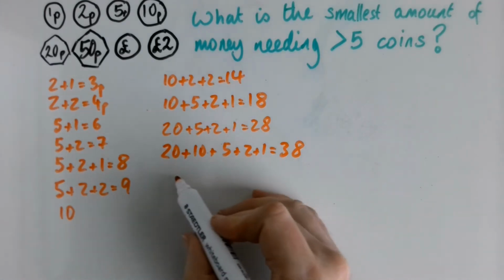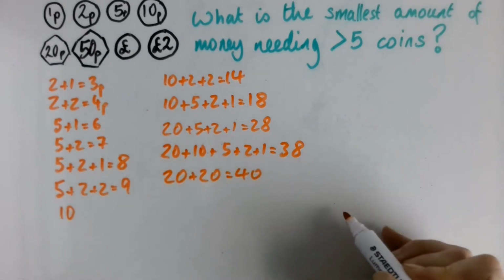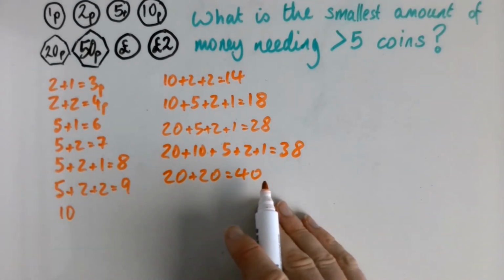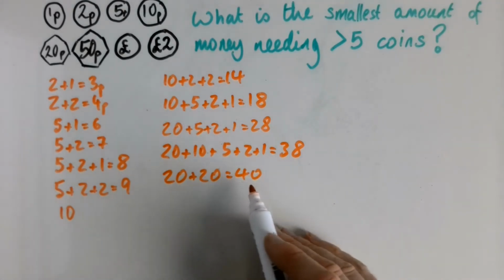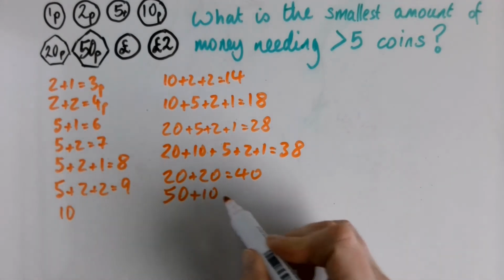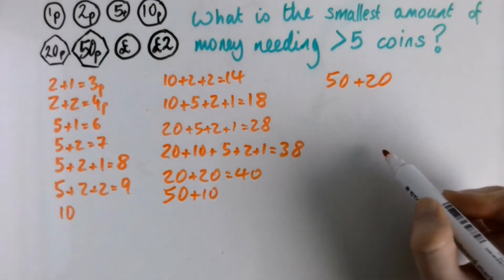So 40 is 20 plus 20 equals 40, doesn't it? So I can get 48 with 5 coins as well. 50 we can get with 1. 60 we can get with 2. 70 I can get with 2.